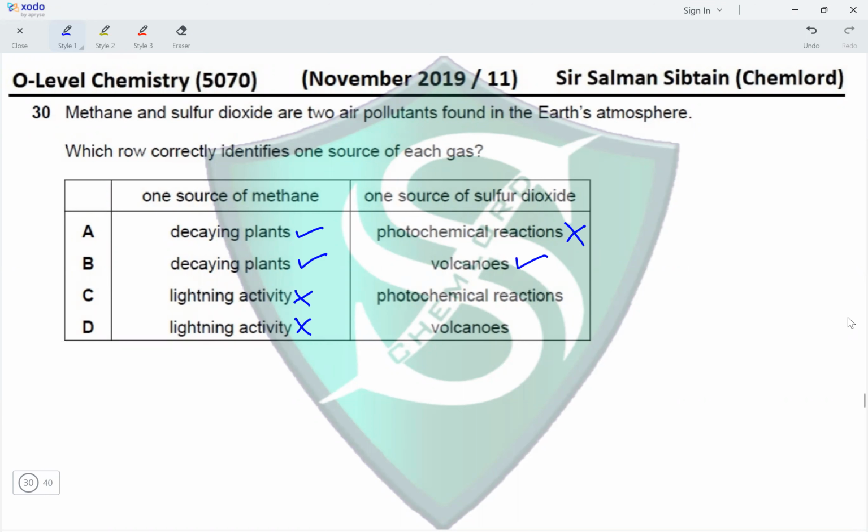Volcanoes? Yes. It is the least common source, but volcanic activity releases sulfur dioxide into the atmosphere. The most common source being exhaust fumes of cars and power station emissions. So this makes option B the correct option for this question.